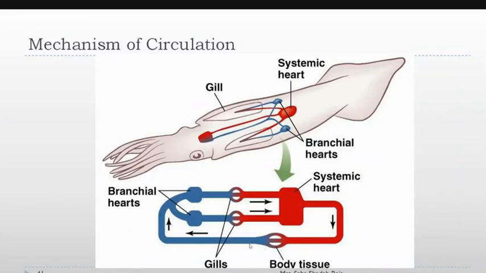From here, it will connect with the different veins, and all these veins will take the blood to the branchial heart. From the vein, it will go to the vena cava, and each side vena cava will give blood to their side of the branchial heart. This branchial heart will return that deoxygenated blood to the ctenidium.